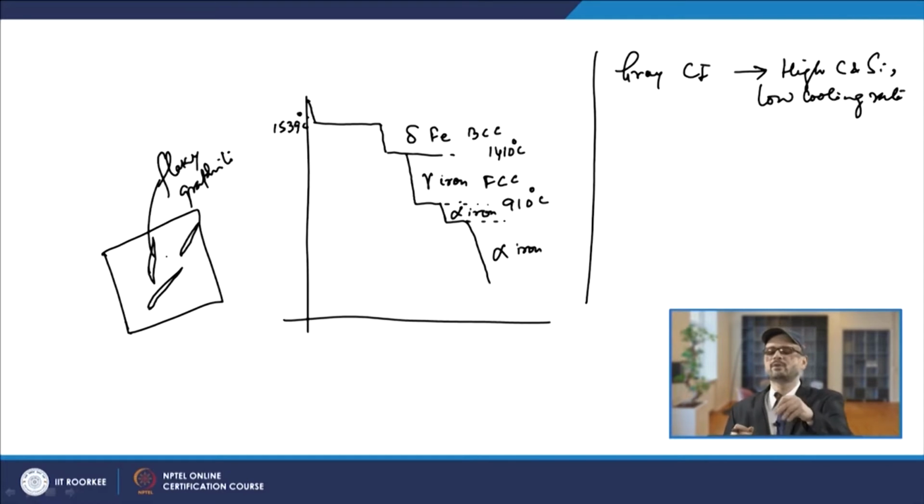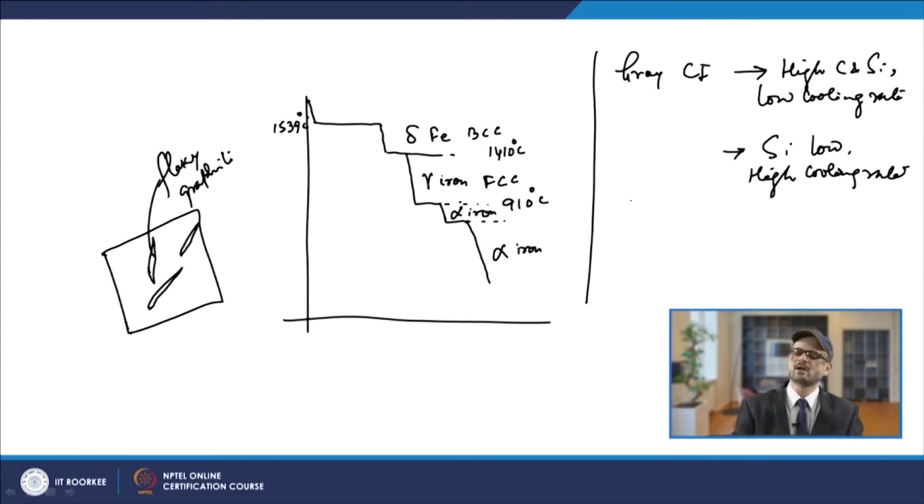Now, if you increase the cooling rate, so if your silicon percentage is less and a high cooling rate is there, in that case you are likely to get white cast iron.